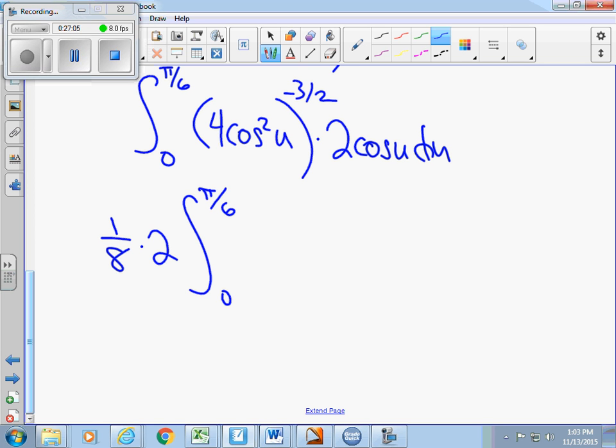And then I have this cosine squared to the negative 3/2 power, right? Well, what happens to the square root of a square? They cancel, so I get 1 over cosine cubed on the bottom times cosine of u.